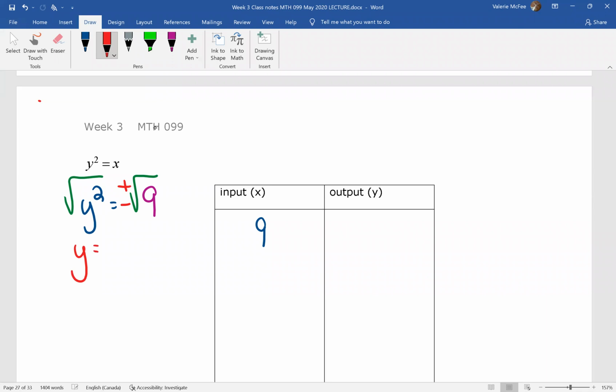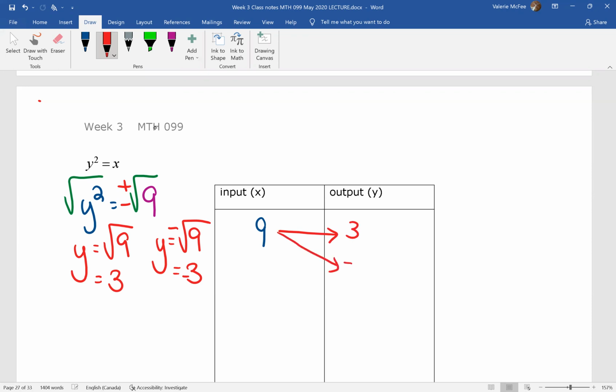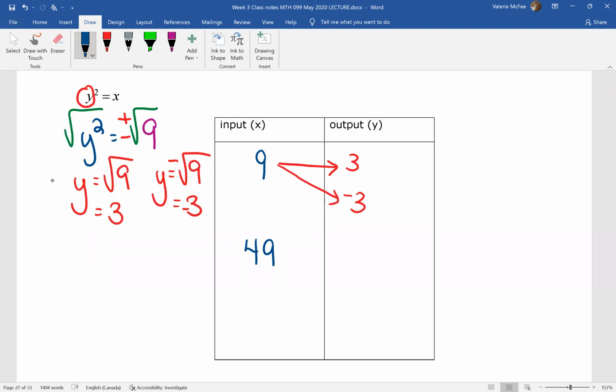Y could be the positive square root of 9, or y could be the negative square root of 9. Y could be positive 3 or negative 3. Think about that. 3 squared equals 9. -3 squared equals 9.